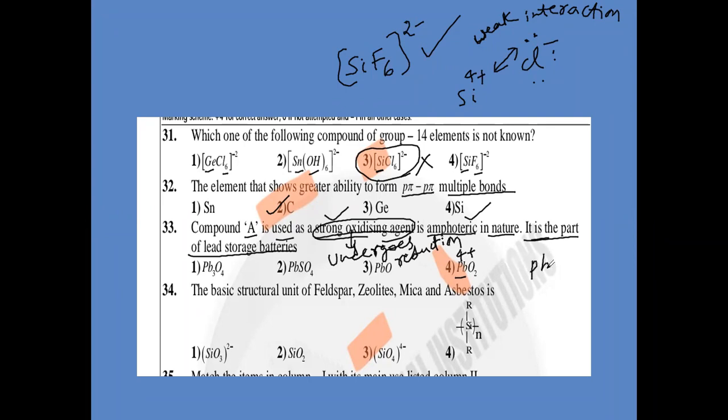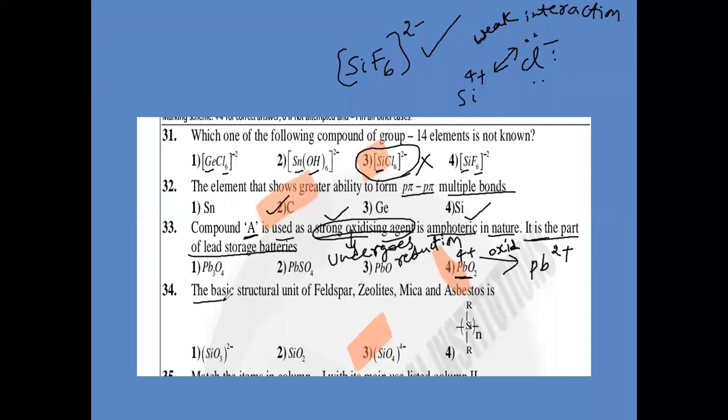Pb plus 2 is more stable due to the inert pair effect. That's why Pb plus 4 must be converted into Pb plus 2, which is a reduction. So in this way we can understand that PbO2, in which each oxygen is minus 2, giving minus 4, and Pb has plus 4, should be the answer. A is PbO2.